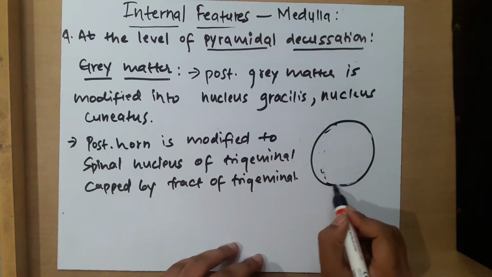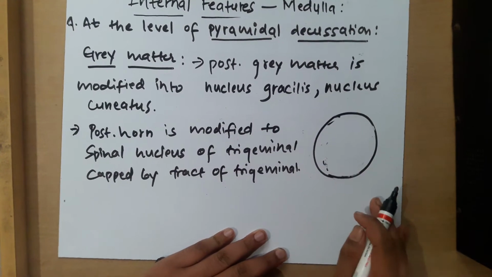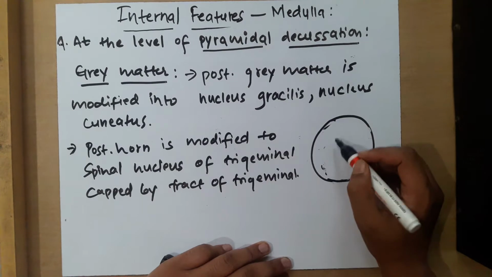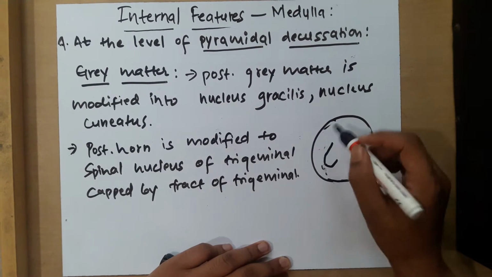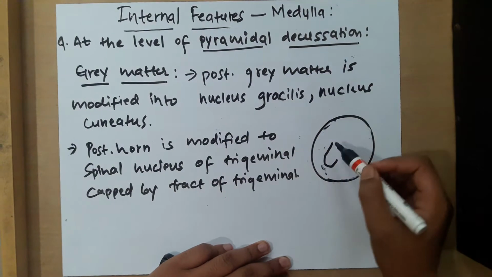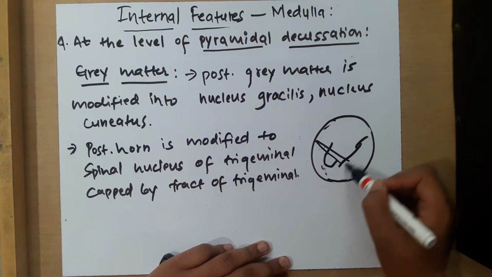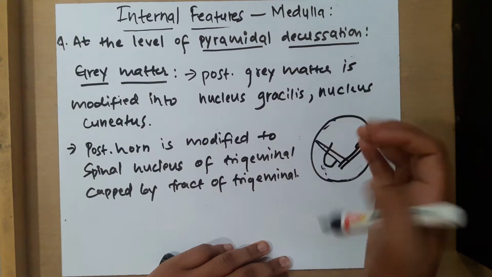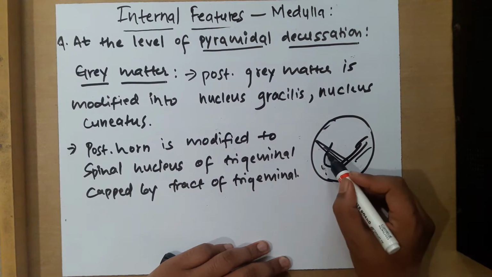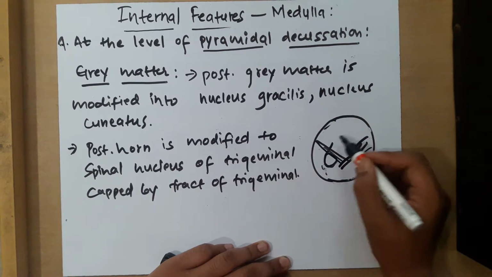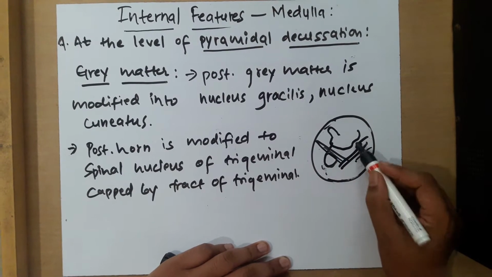For now, remember that decussation is the crossing over of the fibers. When the pyramidal decussation is formed, the anterior horn gets separated from the central gray matter.